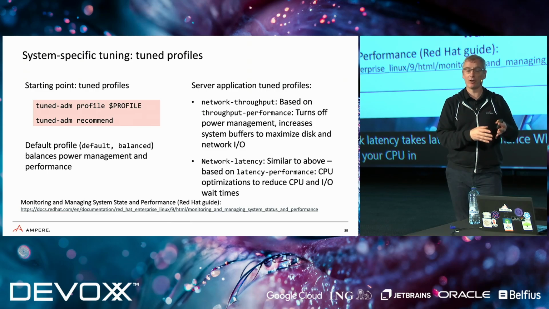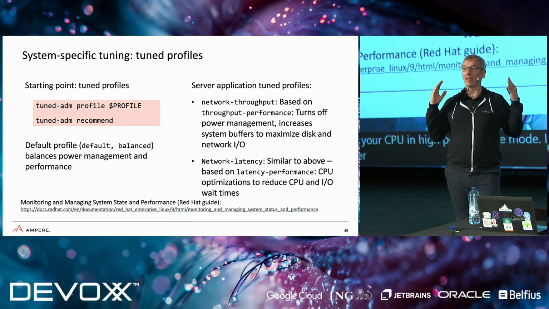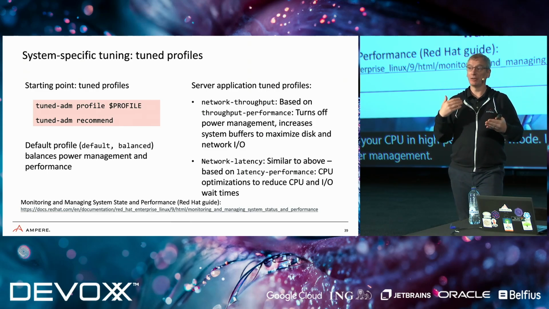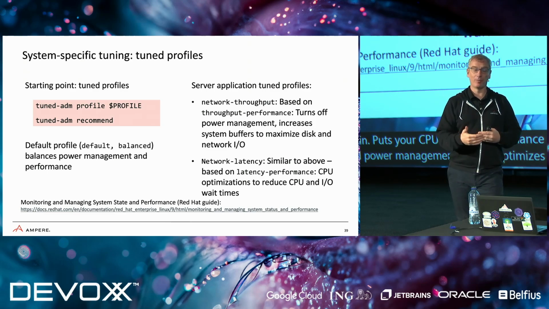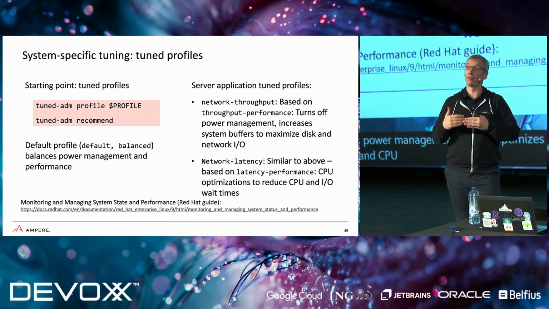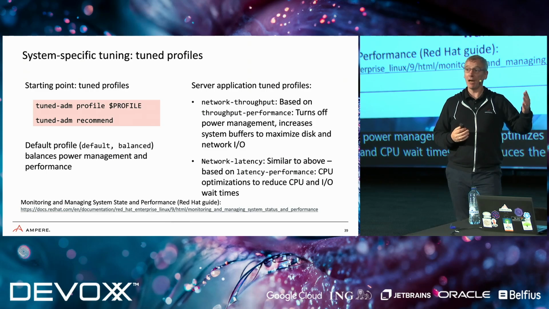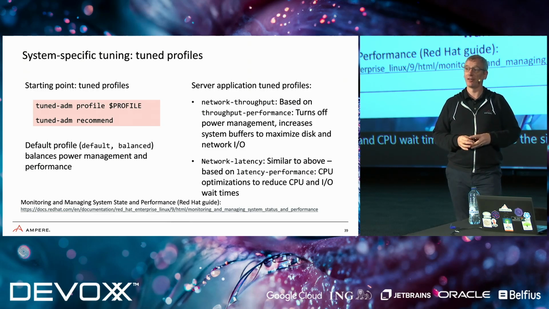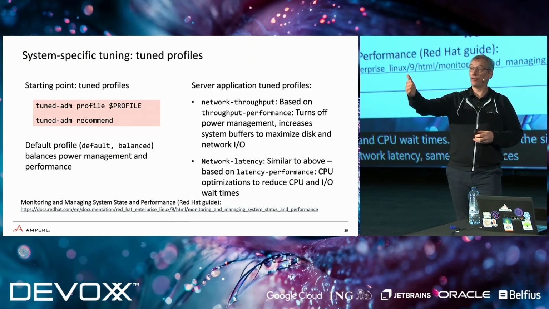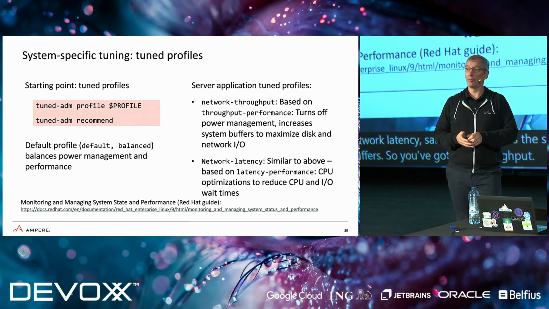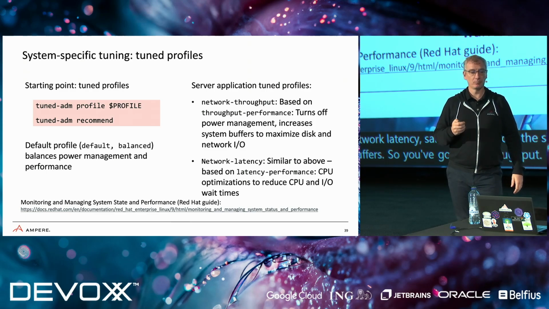It turns off all power management, and it optimizes for I/O wait times and CPU wait times. So it reduces the size of buffers. Network latency, same deal, reduces the size of network buffers. So you've got less throughput, but higher performance, lower latency.